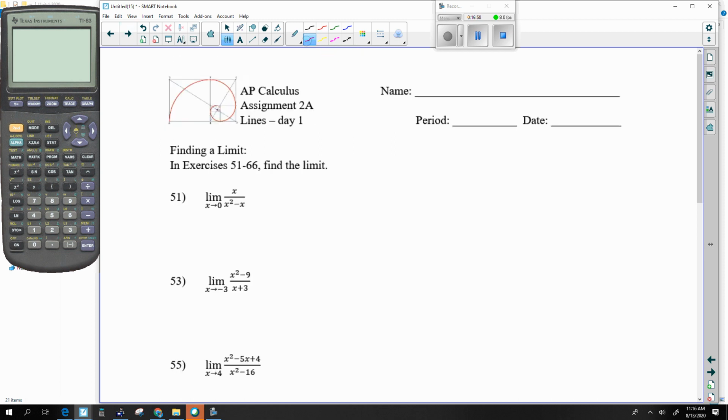Okay, again, illegal mathematics, so I'm not taking the limit just yet. I'm just going to factor the equation. So I can GCF out an x in the denominator. Now this simplifies.